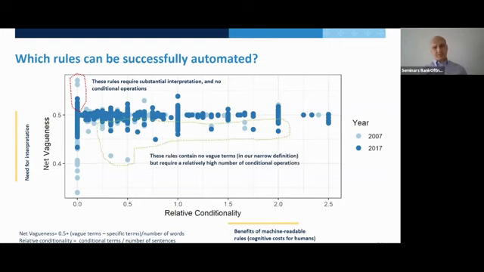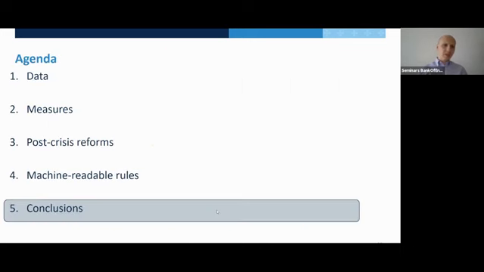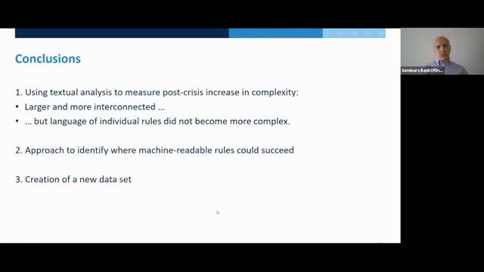However, rules on different parts of the spectrum, rules that contain no vague terms, might require a relatively higher number of cognitive conditional operations. So this way you can group your rules and potentially simplify one group or not. Or this plot can tell you which rules might be simplified if needed.